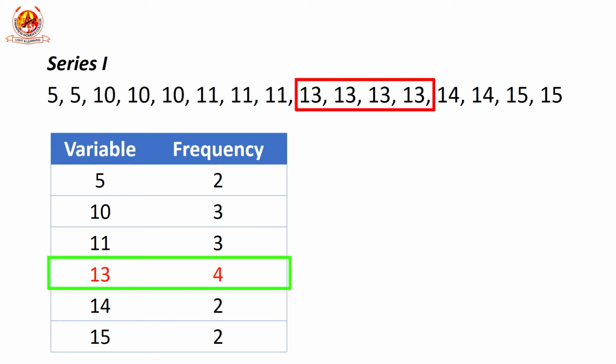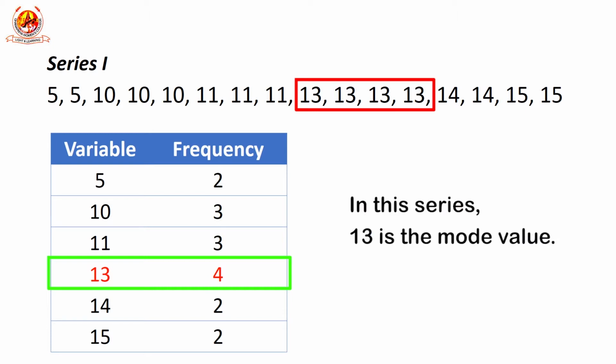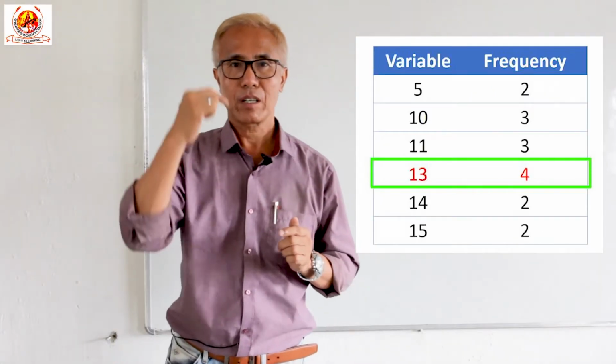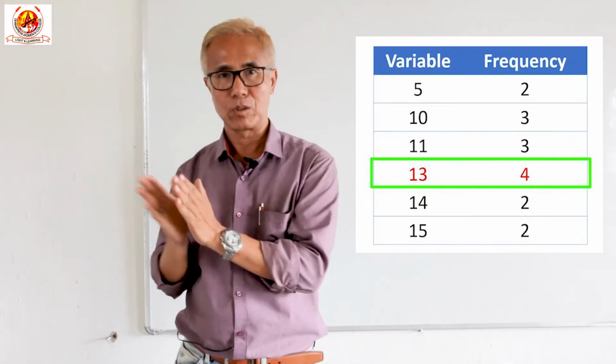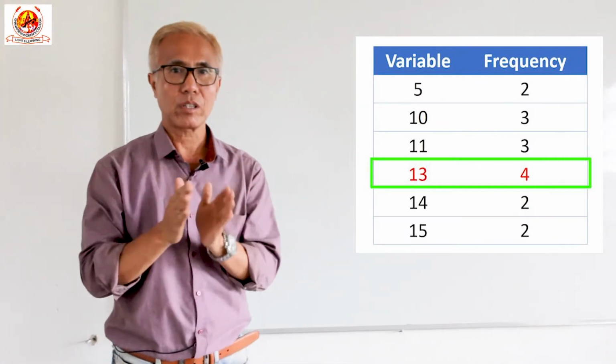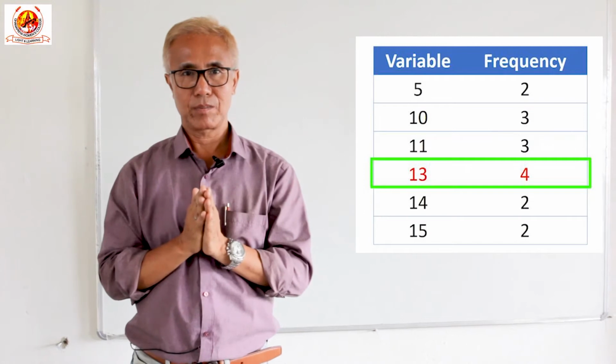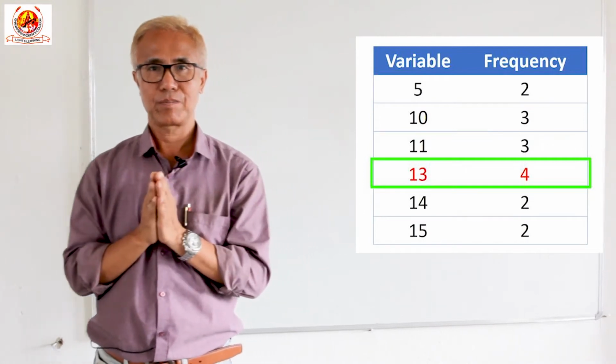So 13 is the mode value, and in this series you will find only one such value. 13 is the modal value, and so this series is called a unimodal condition. It is the optimum condition.